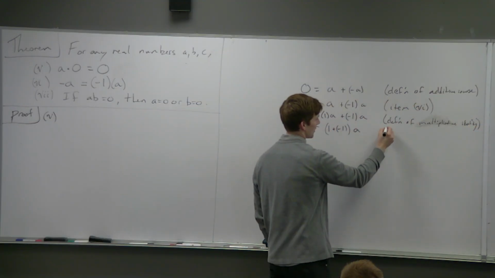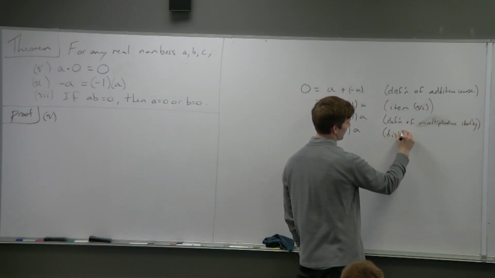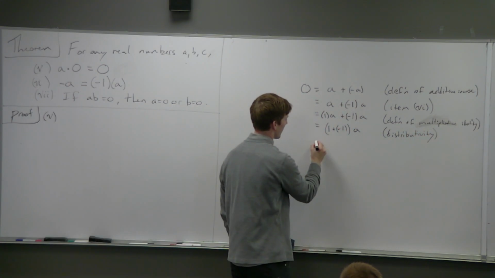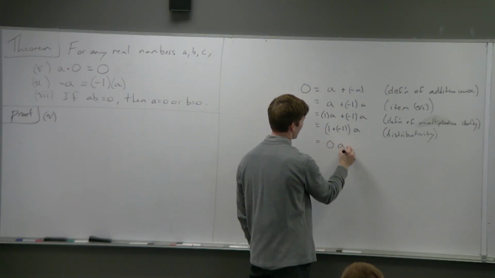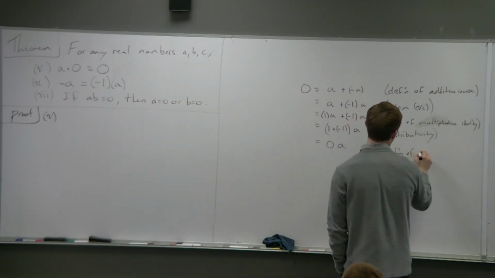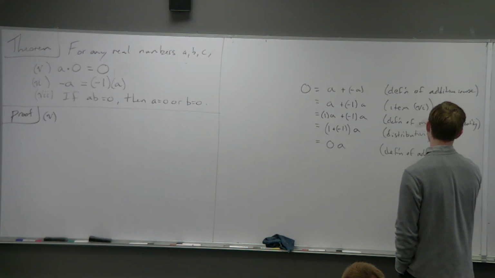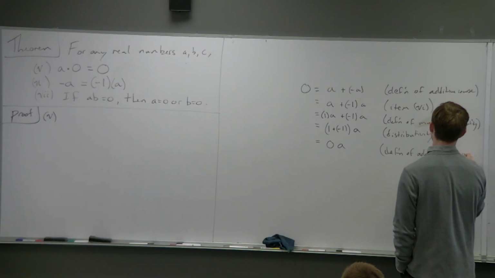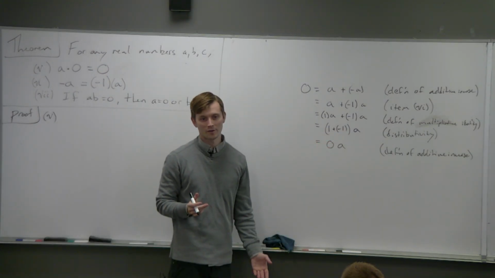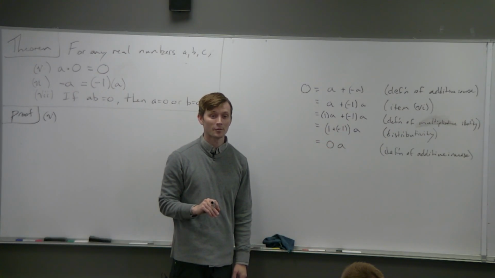And then here, this is distributivity. And then from that, we just get 0 times A via the definition of the additive inverse, since a thing plus its additive inverse is always 0. That's a very reasonable proof.